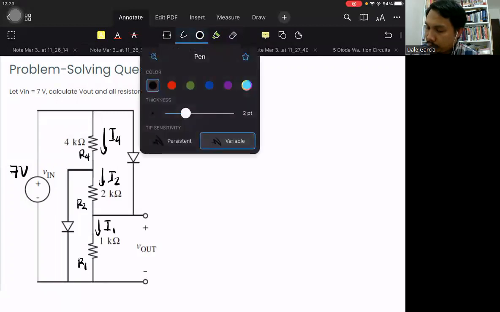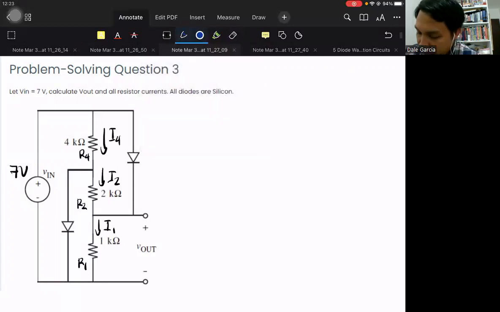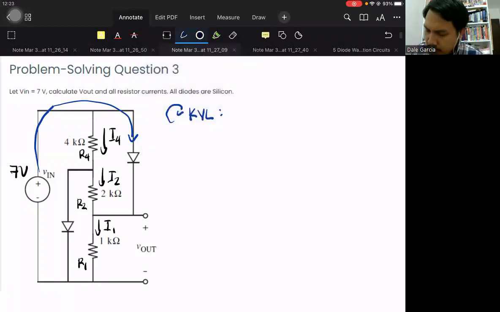So we just use KVL on the outer loop. Vin minus 0.7 minus Vout equals 0. So 7 volts minus 0.7 minus Vo equals 0.